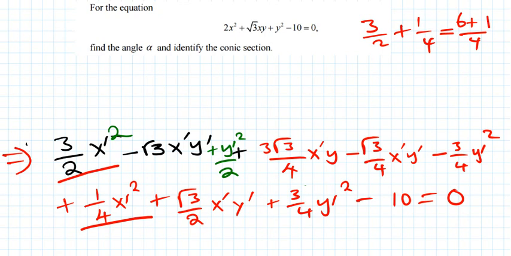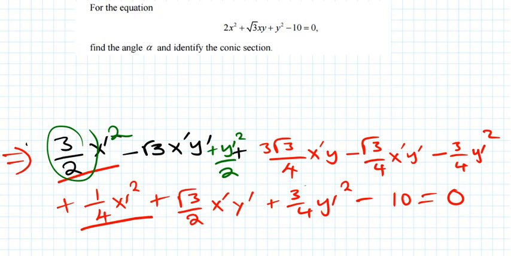So we've got 3 over 2 there attached to x prime. Which other one is attached? So there is the 1 over 4 which I've identified.